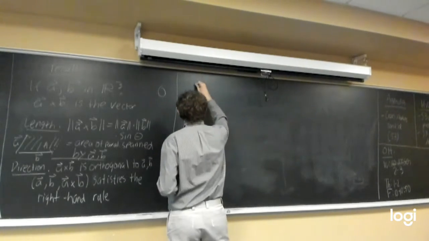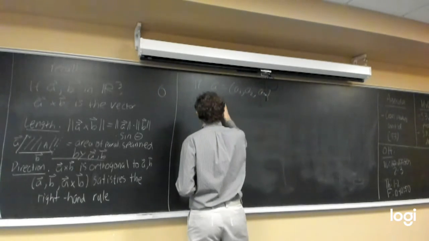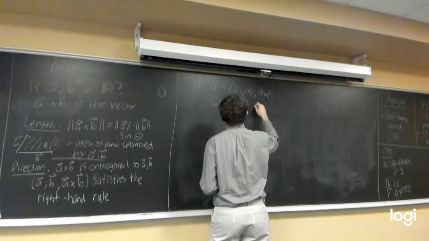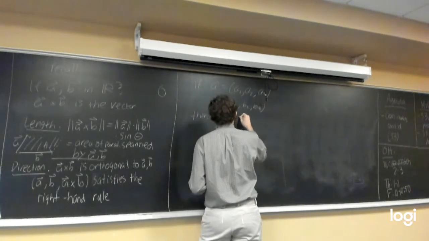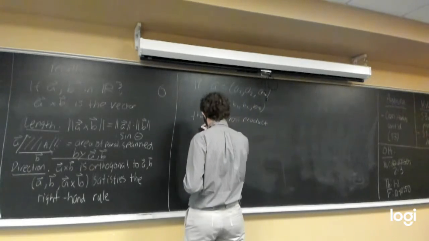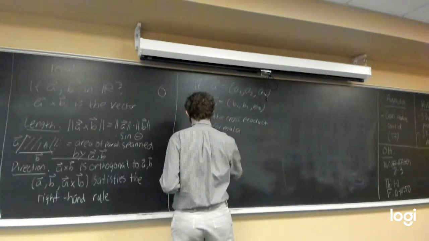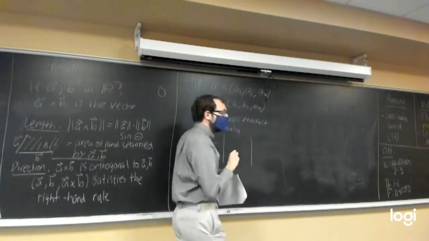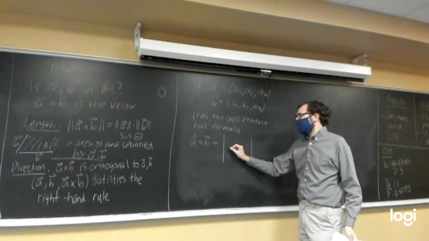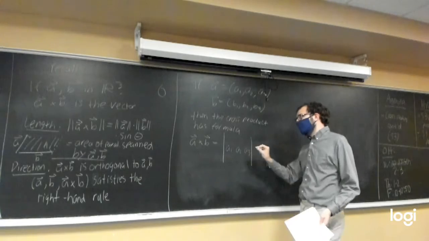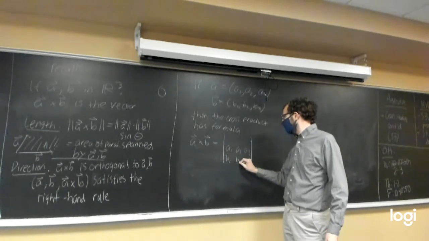Here's how we find the cross product. If vector A equals A1, A2, A3, and B equals B1, B2, B3, then the cross product of A and B has a formula: A cross B is the determinant of the 3 by 3 matrix where the second row is just the vector A, so A1, A2, A3, and the third row is the vector B, so B1, B2, B3.